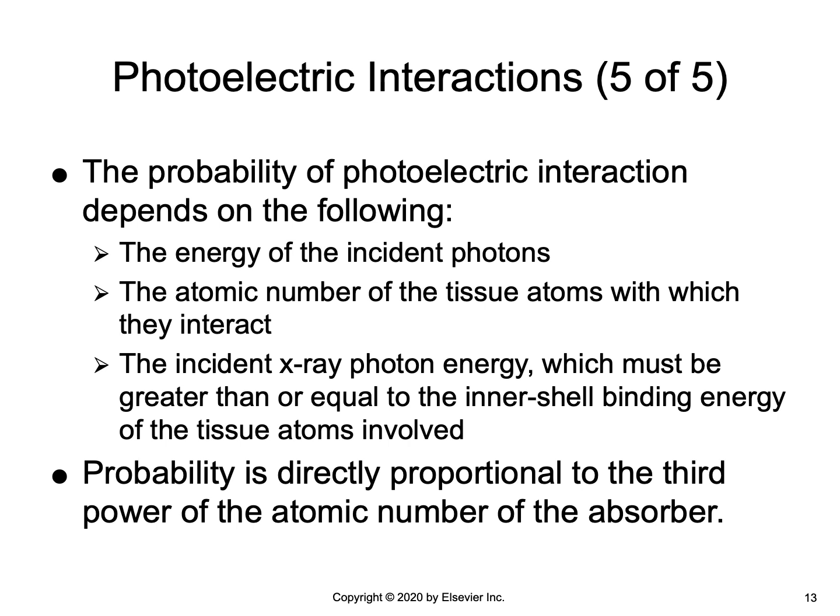As the incident photon energy begins to exceed the inner shell binding energy of the tissue atom, the chances of photoelectric interaction begin to decline, and the chances increase that it will penetrate the tissue being examined. This function is a cubic relationship.